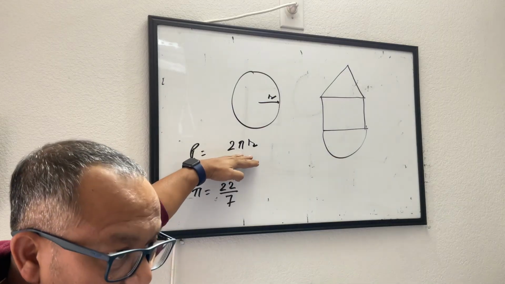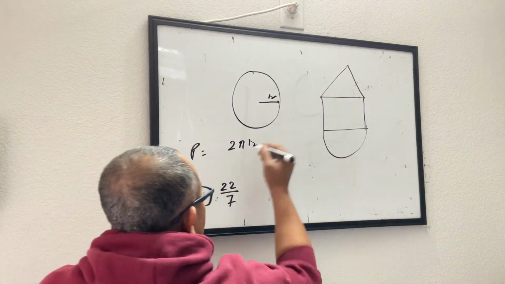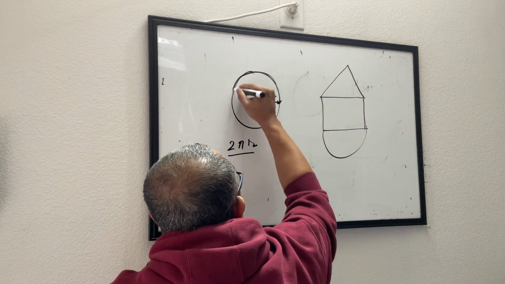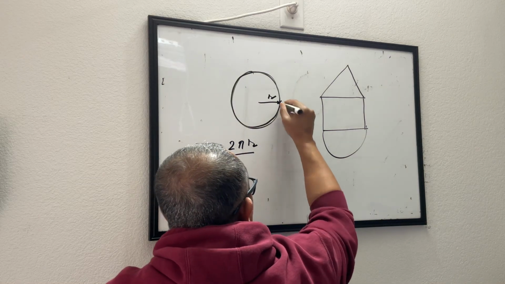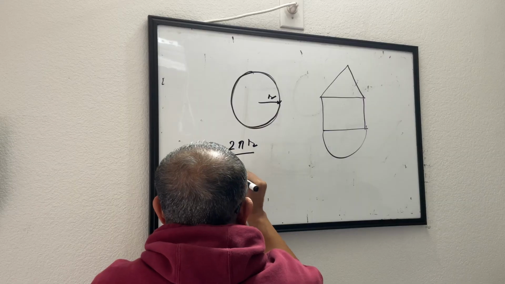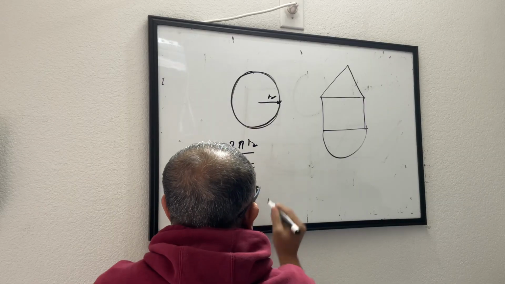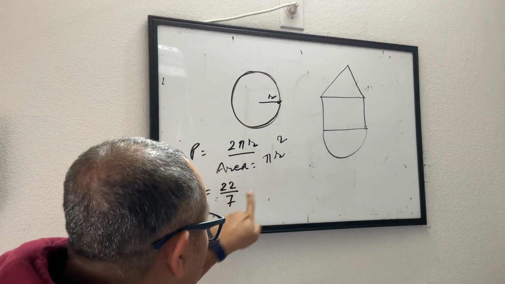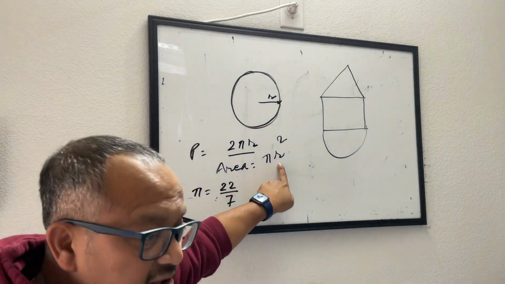So if I'm talking about perimeter, I'm talking about the length from this place all the way to this point. If I'm talking about the area of a circle, that is pi times r squared. Again, pi remains the same, 22/7. r is nothing but your radius.